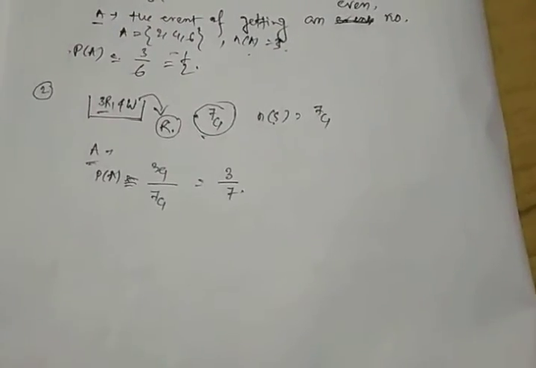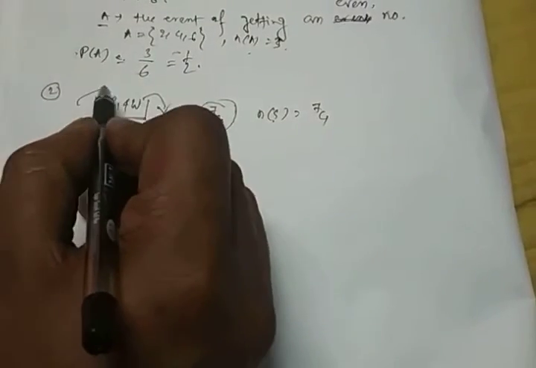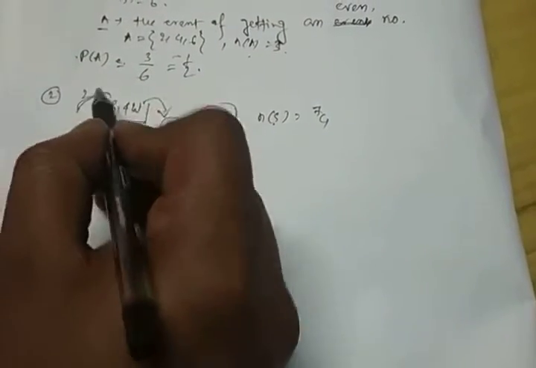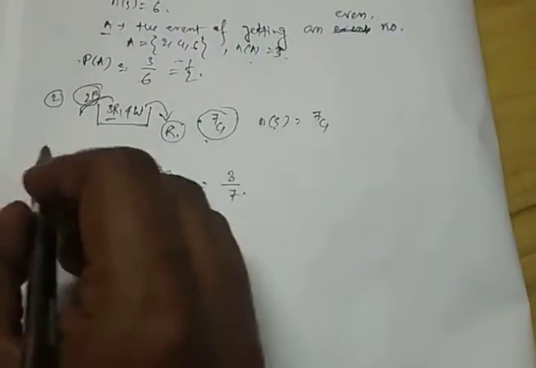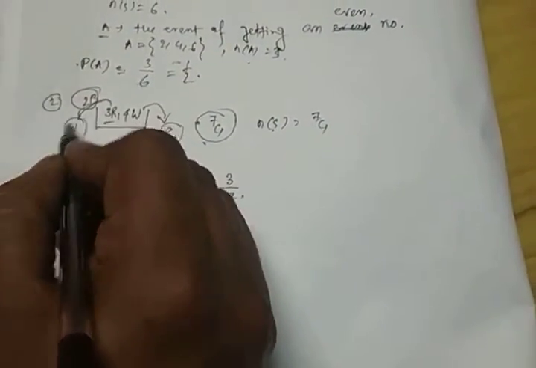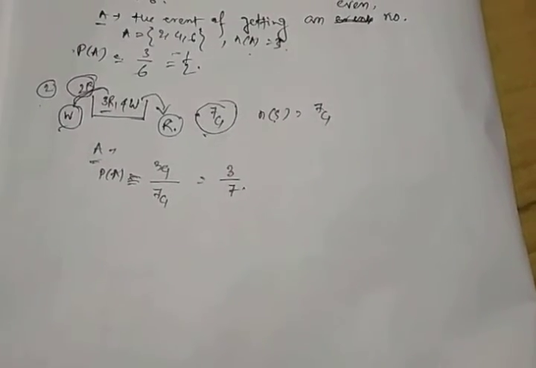Now if we take 2 balls randomly from this bag, what will be the probability that the two balls are white? Whenever we select 2 balls, the number of selections changes, right? So the number of selections will be 7C2.